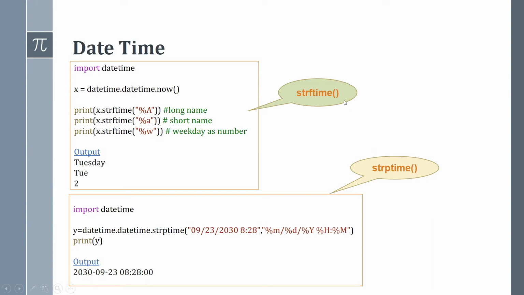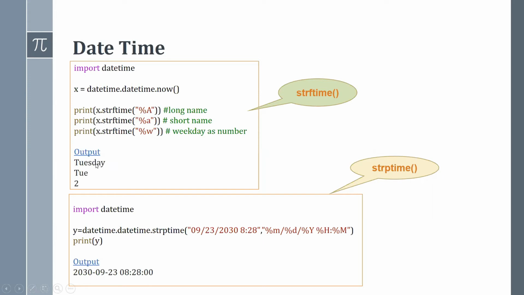There are two delivered functions for this: strftime and strptime. strftime converts a date object to a string. So if you call x dot strftime with percent a, it prints the current day.